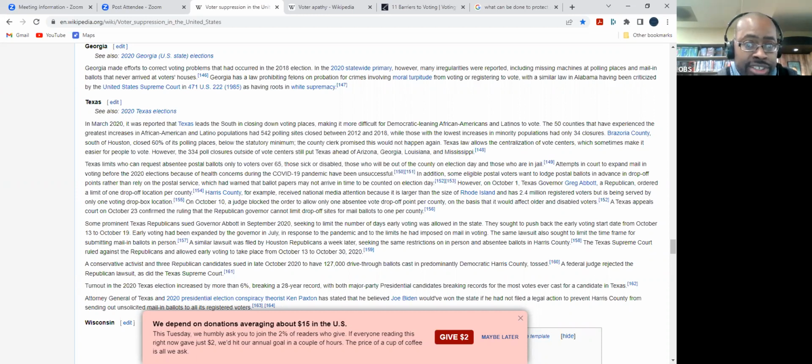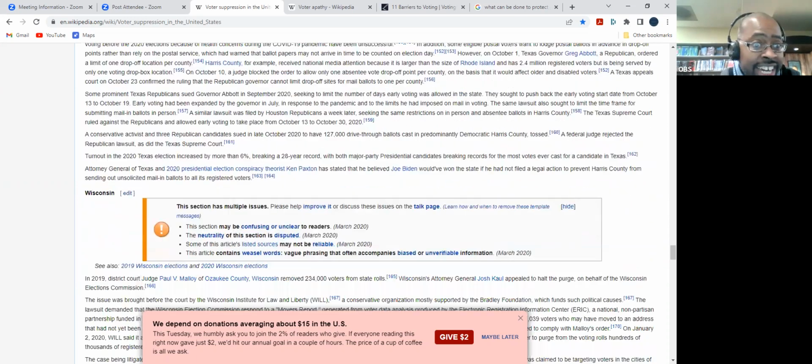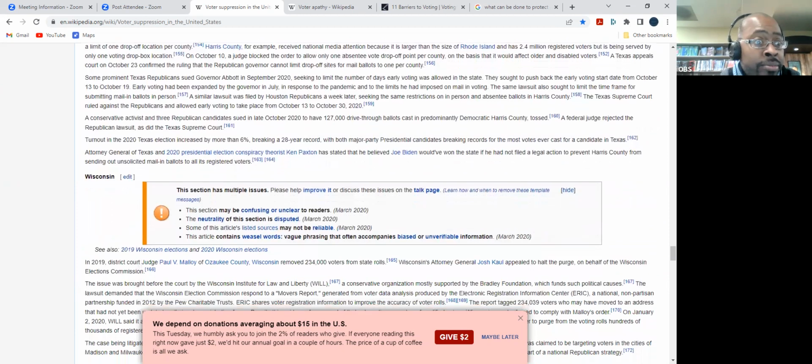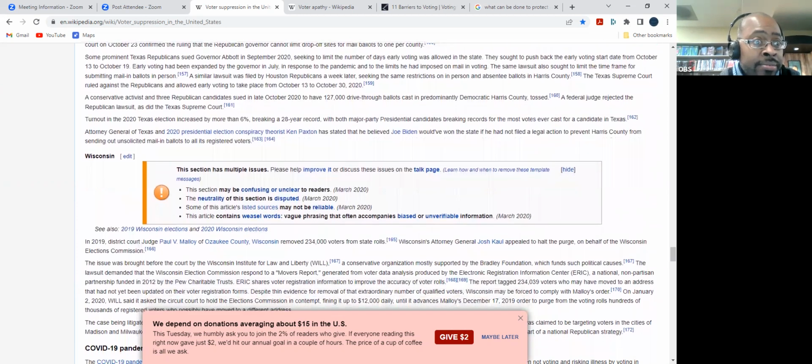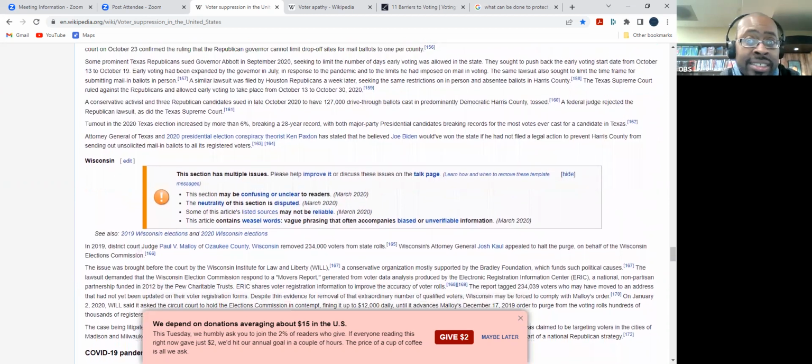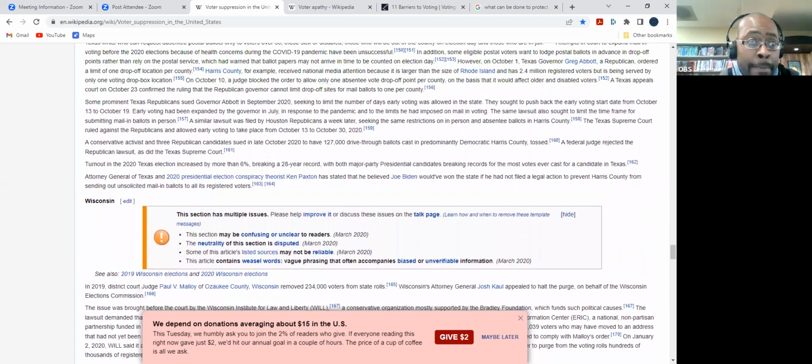There have been several lawsuits in conjunction with this. All these practices were eventually struck down by the U.S. Supreme Court. And in terms of that, voter turnout in Texas increased by 6%.